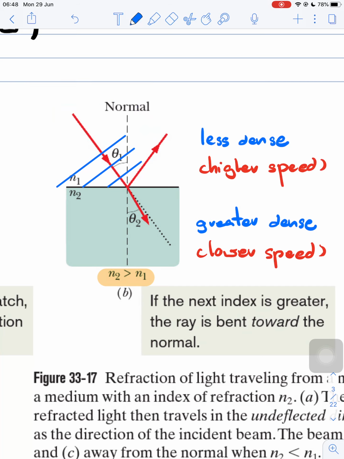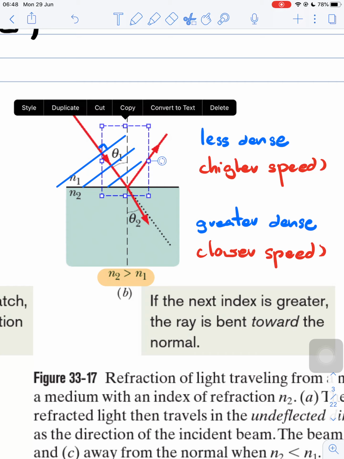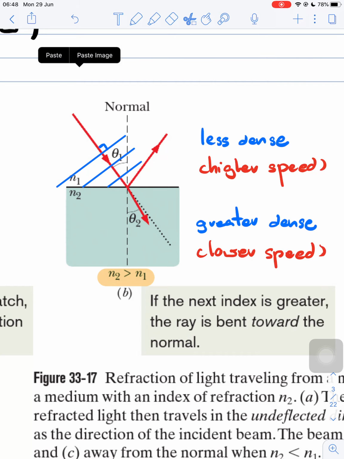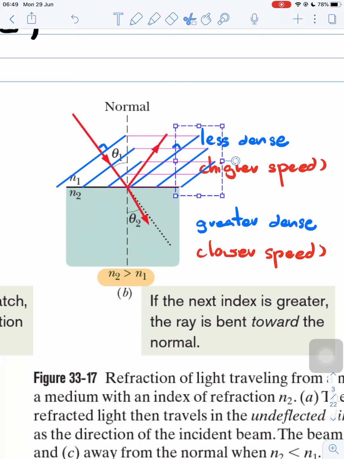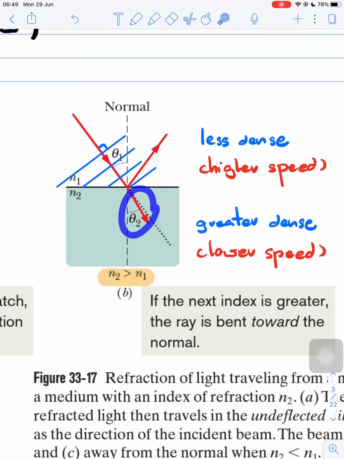Don't forget that the wavefront must be perpendicular to the light ray. Now for the refracted light, we draw the wavefront as well. Again, the wavefront must be perpendicular to the light ray, so it's going to look like this one.